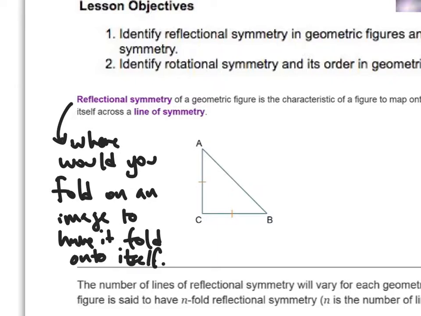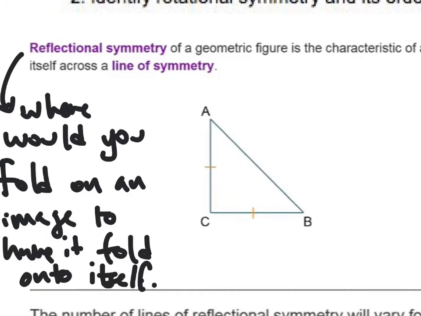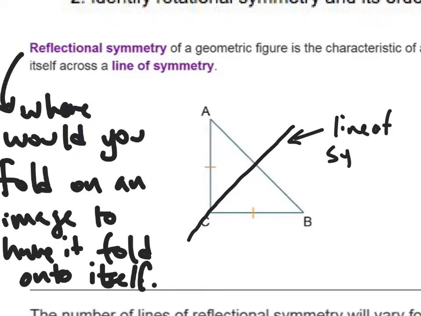That's another way of putting it. So if I were to fold this in half and get it to go onto itself, I would try and fold it along this line. And this line is called my line of symmetry.